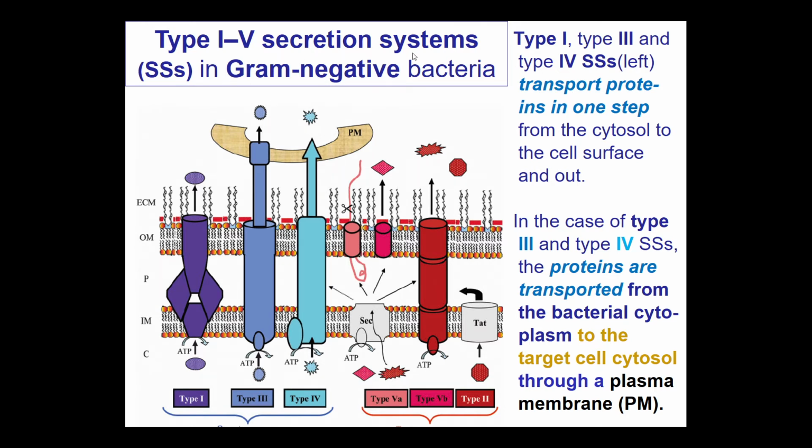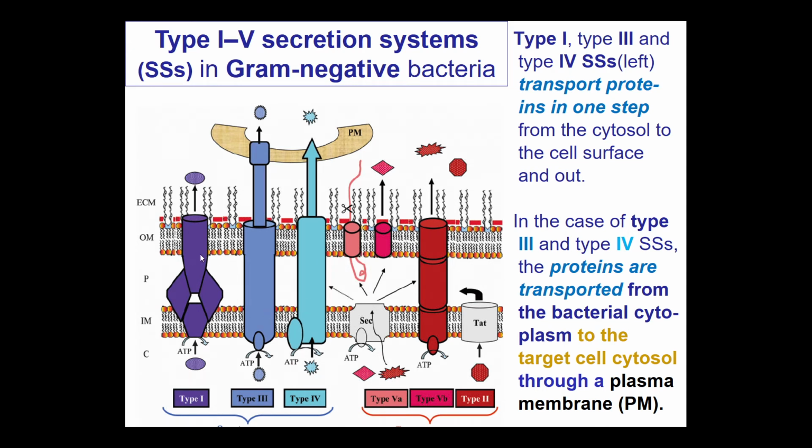So now I speak about gram-negative bacteria. Secretion system type 1, type 3, and type 4, in the left part.